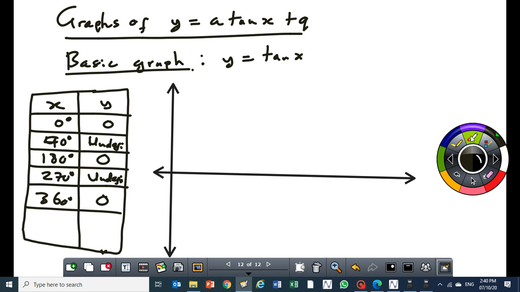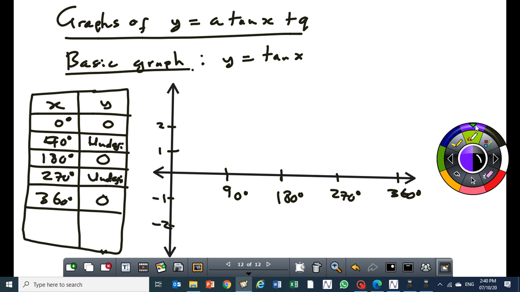I will sketch the graph between 0 and 180, then we have 270 and then 360.